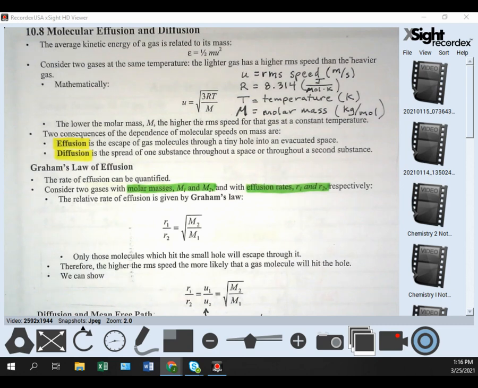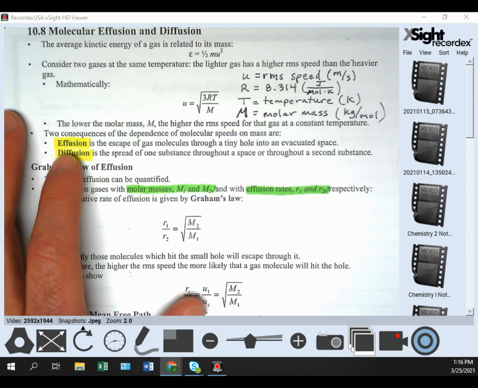If the balloon is tied off and closed, how does it, over time, have fewer air molecules in it? And that's this.